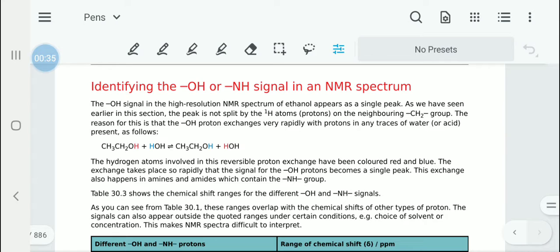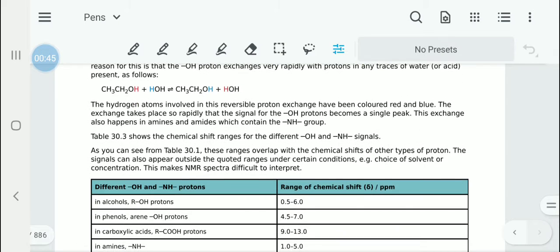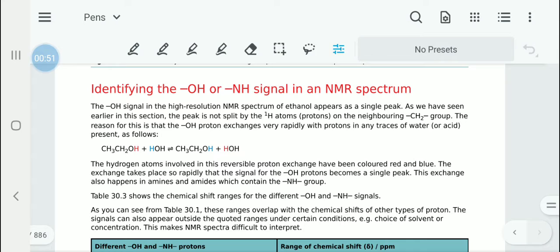Also, we saw that the OH chemical shift, the ppm, had a big range. So there are a lot of overlaps that we might not be able to understand properly.